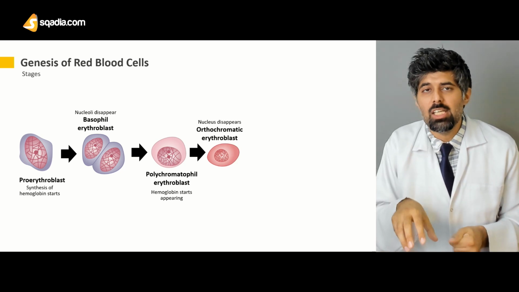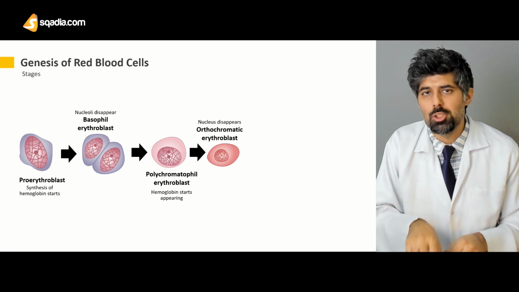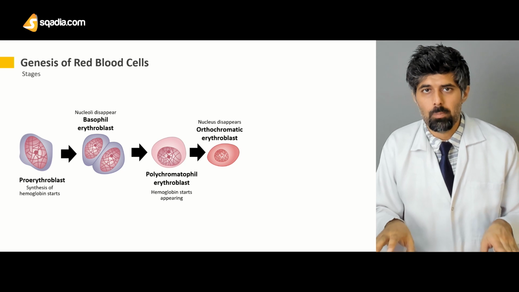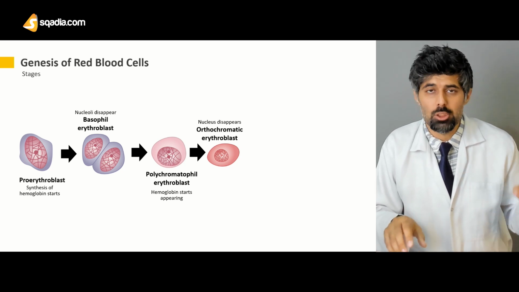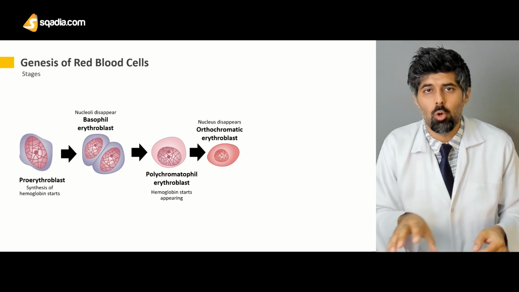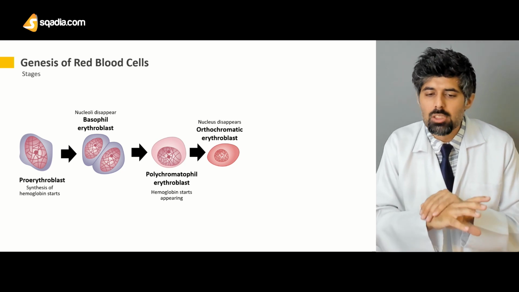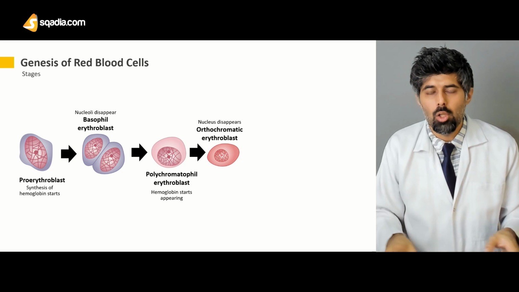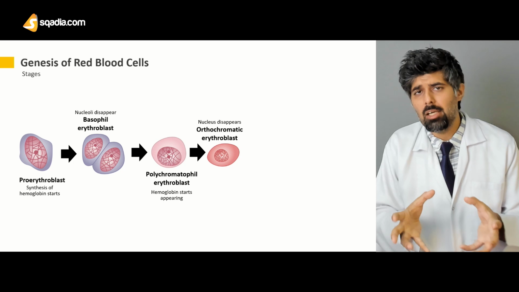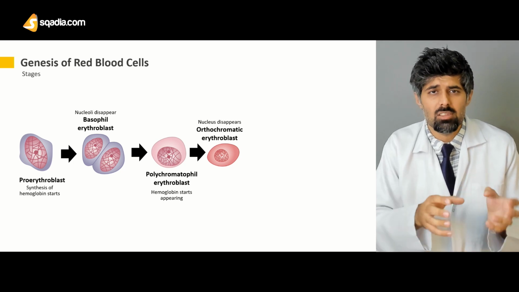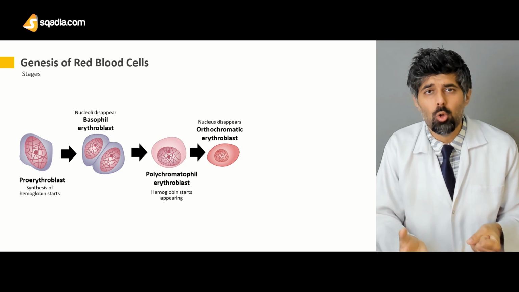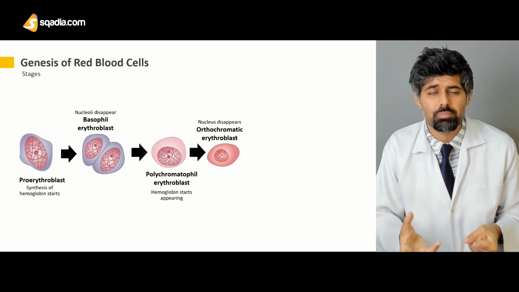Now, at the orthochromatic stage, there is complete disappearance of the nucleus. The disruption, the distortion that has taken place at the earlier stages is now completed. The nucleus is totally gone. What remains is a mesh-like network of various reticular elements, formation of the hemoglobin in the cytoplasm.